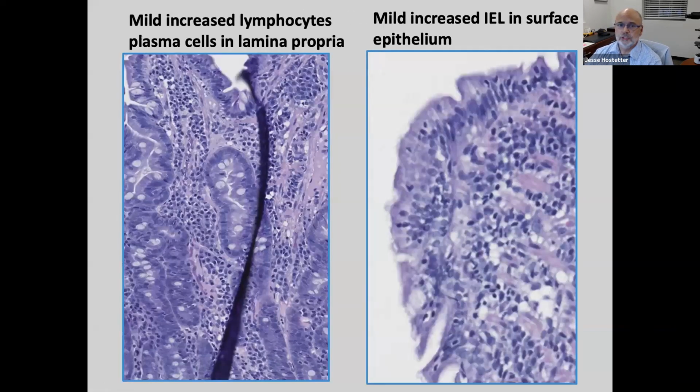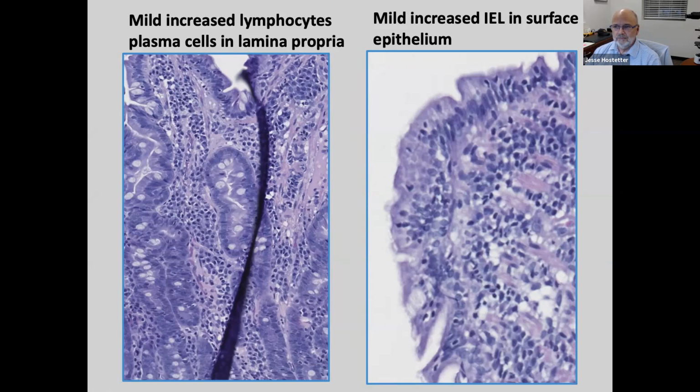And then in this image, you can see multiple, probably 6 or 7 layers of plasma cells and a few lymphocytes pushing the crypts apart from each other. And then an increase in IELs, but a lot more subtle than the last time. And I like this one because it shows you that we're just starting to move out of normal and into kind of mild to moderate lymphoplasmacytic change.